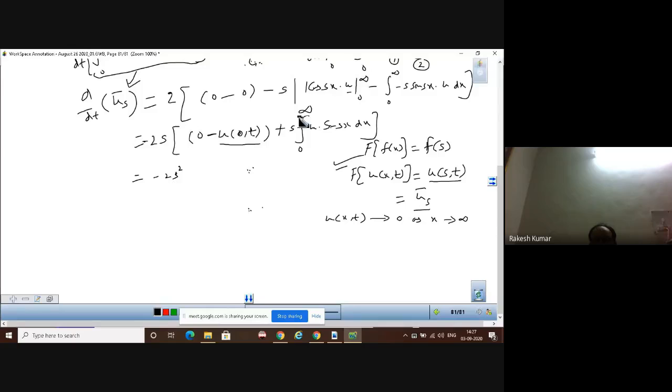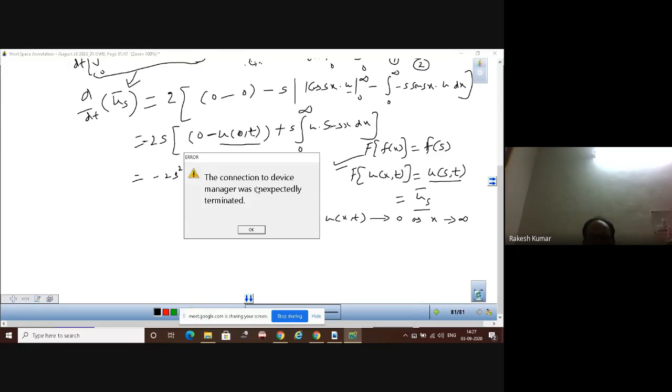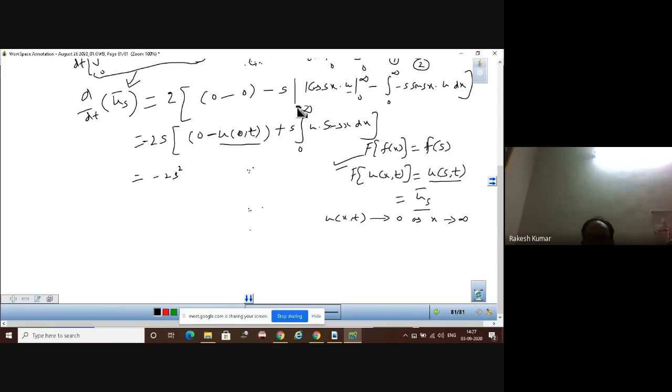And what is this? This is the Fourier transform of the u function. This one is the Fourier transform of the function u. And what is this? Fourier sine transform. So ultimately, what was written? That was the Fourier sine transform, and it is written as u s bar.